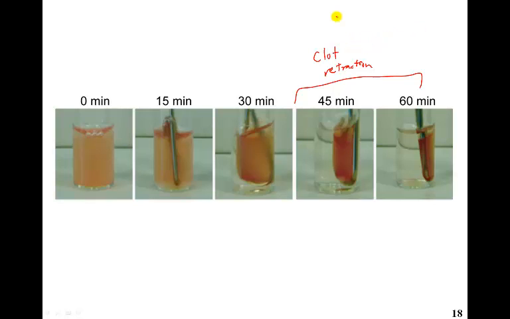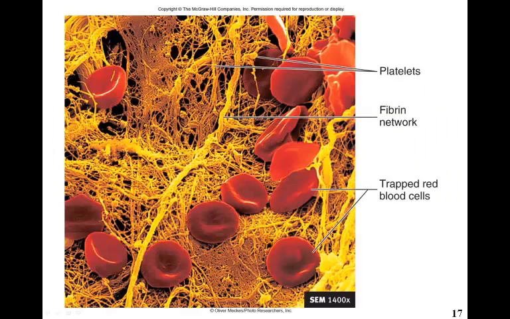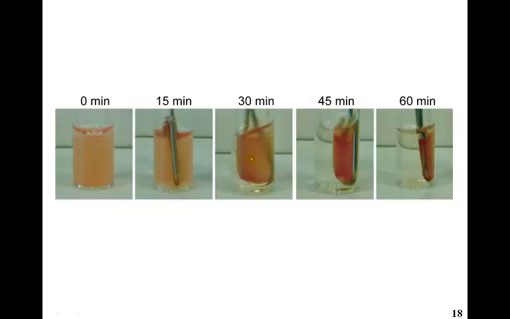And what's going on here is that the clot basically is contracting. It's getting smaller. The reason that happens is that the little platelets embedded within the clot have some proteins inside of them that can cause a contraction, and the proteins are actin and myosin.